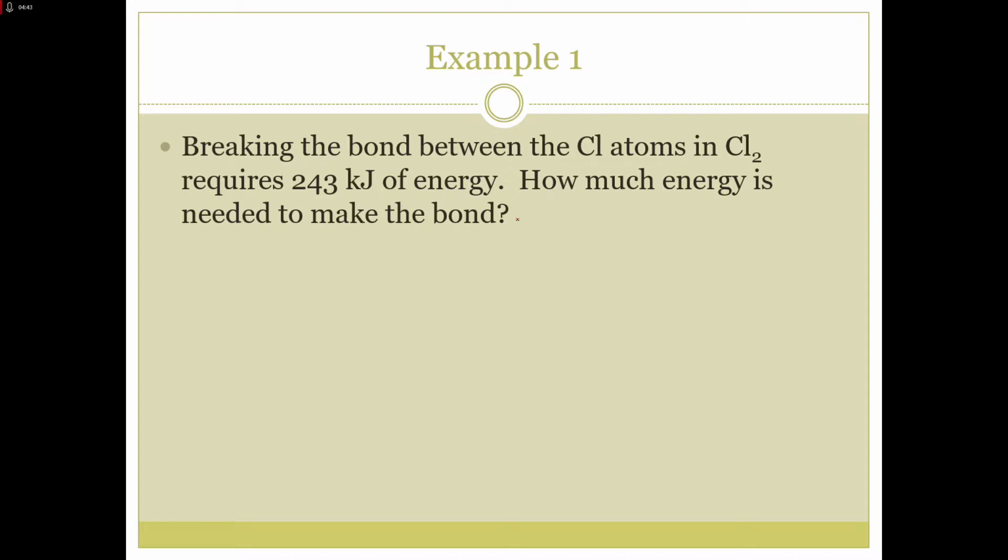The amount of energy required to make the bond is exactly the same: 243 kilojoules. Right. So the net result is that if I want to break a bond, I have to supply some energy, and to make the bond, I have to supply the same energy. That's only between two atoms.